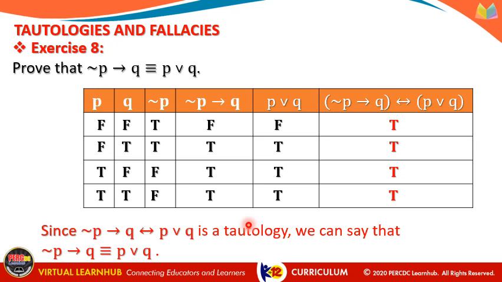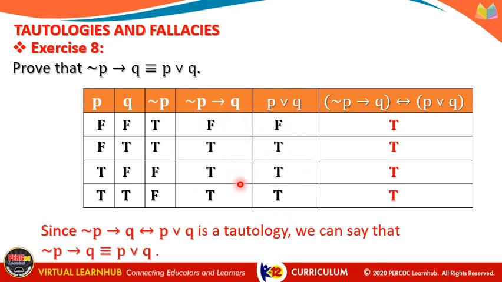Though honestly, we just applied the principle. However, if you remember the last video, you do not actually need to perform this. Just observe the truth values. We mentioned in the last video that if two propositions have the same truth values, then they are logically equivalent.